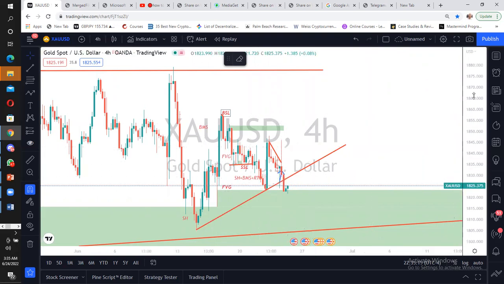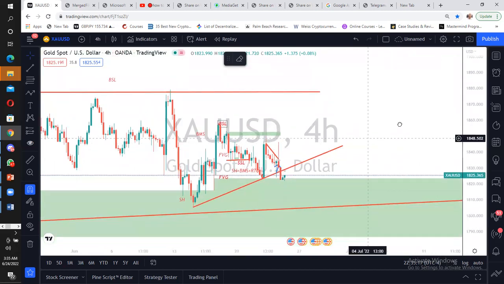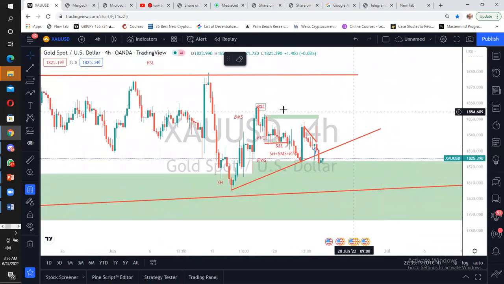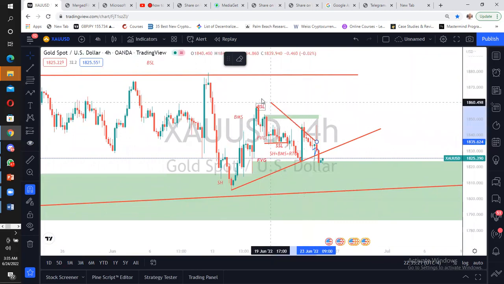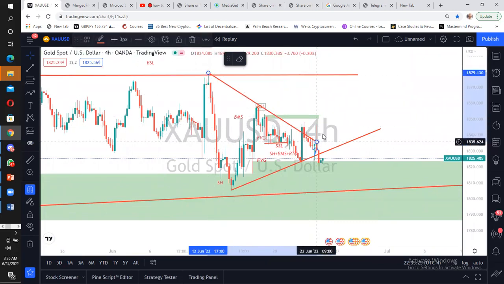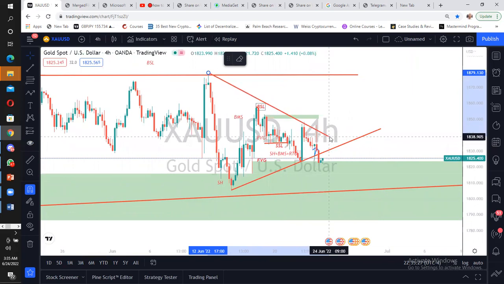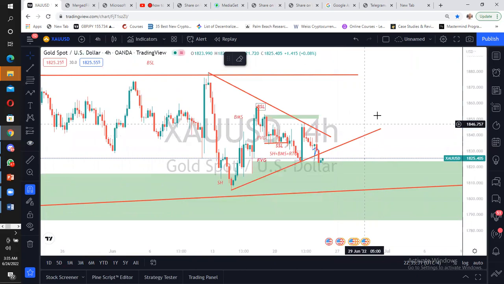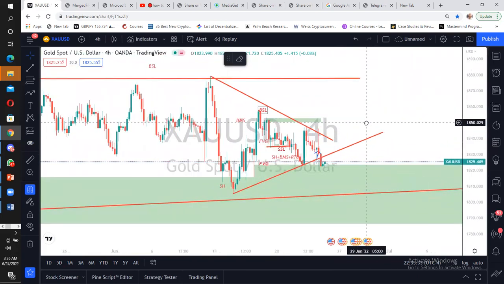So on this 4 hours, we'll have this liquidity zone. This is already flushed. We'll have this. Okay.